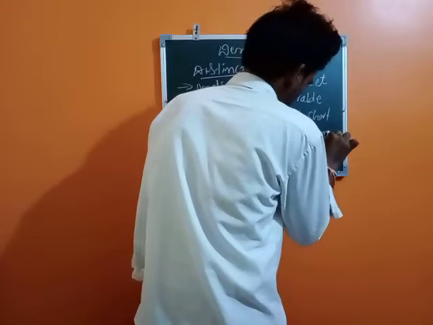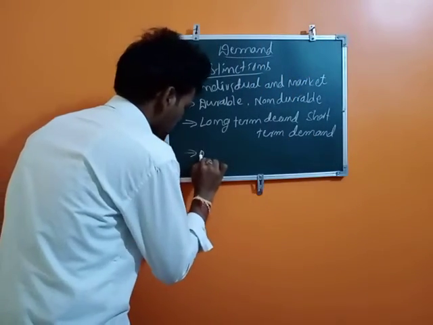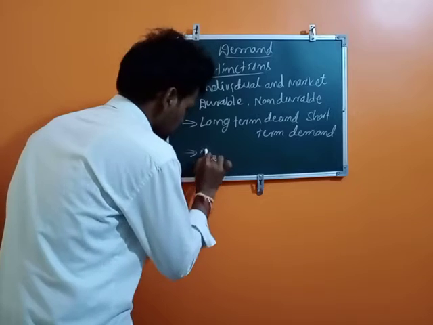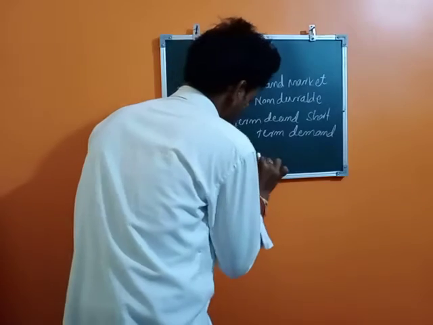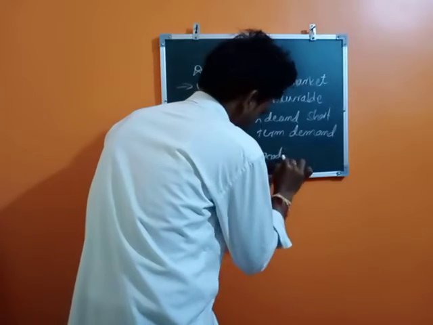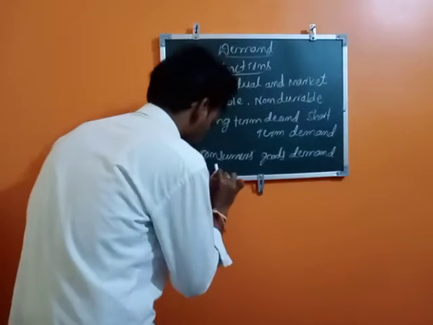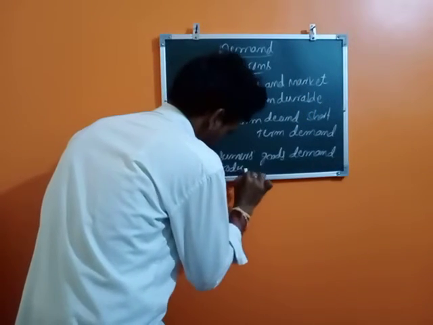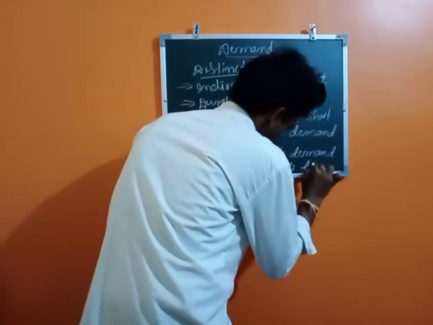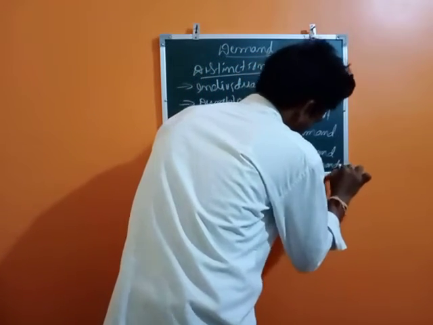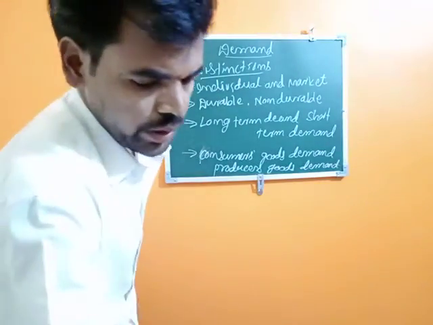The next one is consumer goods demand and producers goods demand, and the independent demand and the dependent demand.